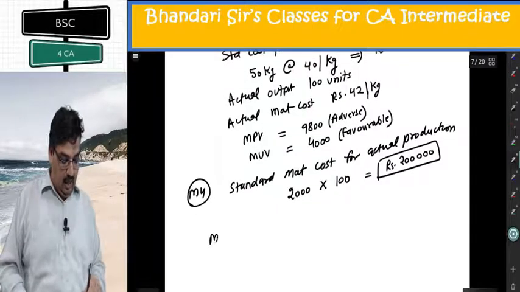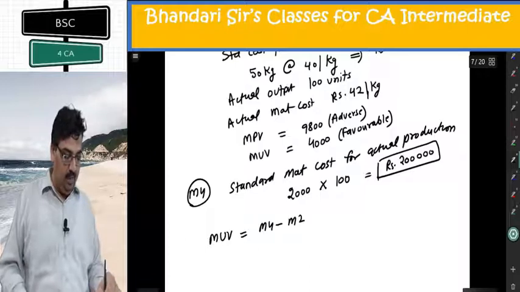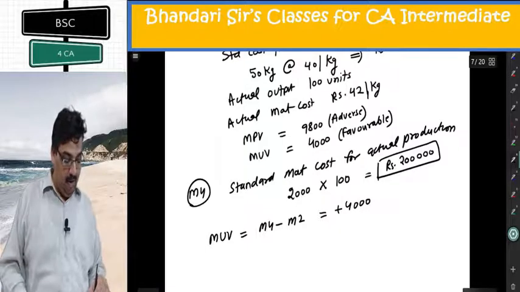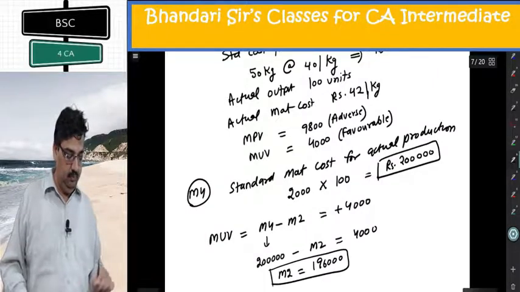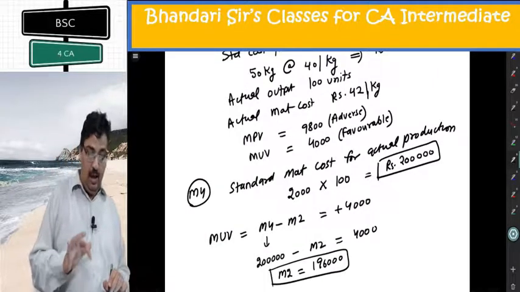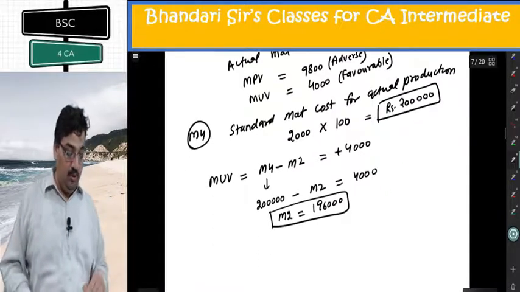Now, MUV, M4 minus M2 is equal to positive 4000. Now, M4 is 2 lakh minus M2 is equal to 4000. I can say M2 is 1,96,000. M2 is 1,96,000.